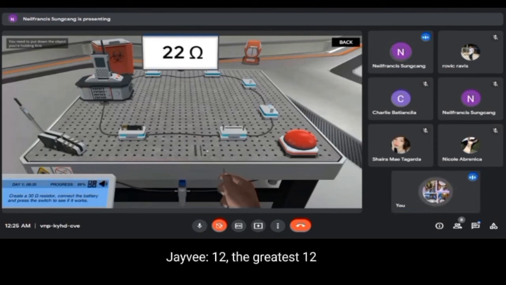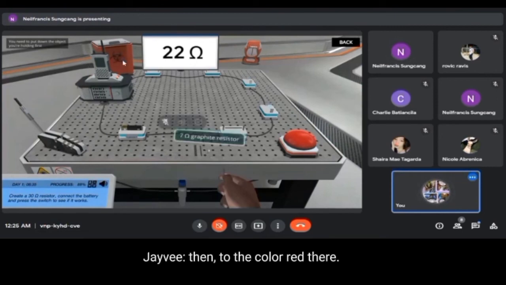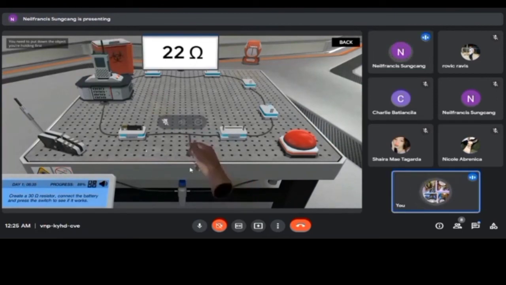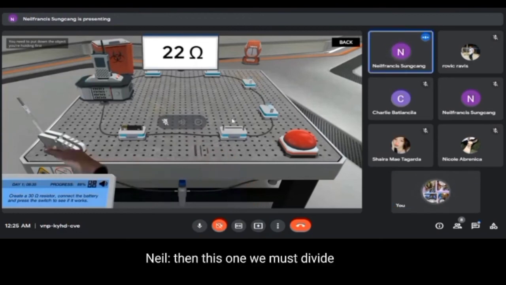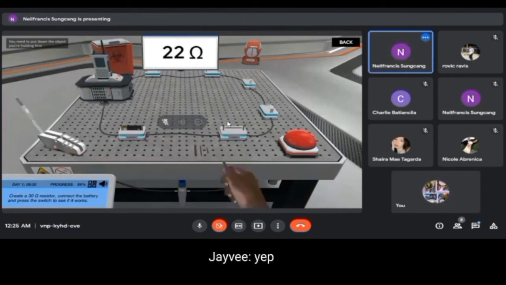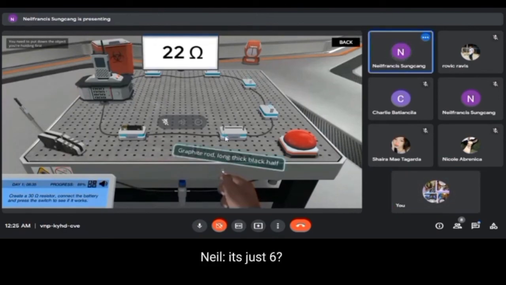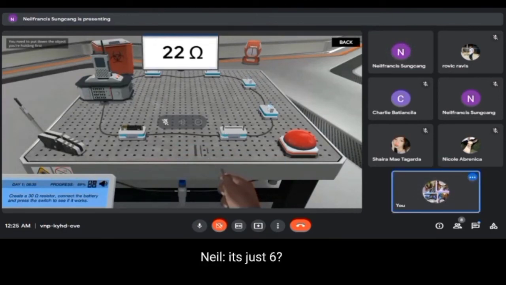Yung 12, yung pinakamalaki. 12. Ito lang. Tapos mo malapag. Dito. Okay. Yan. Tapos ito yung hatiin natin, no? 12. 12 yun, diba? 12, bali 6 na lang siya. Hindi pa rin sakto eh. Kailangan maging saktong 30.